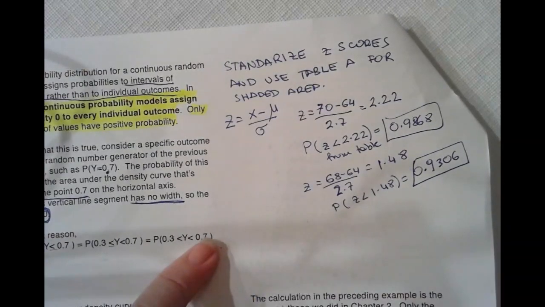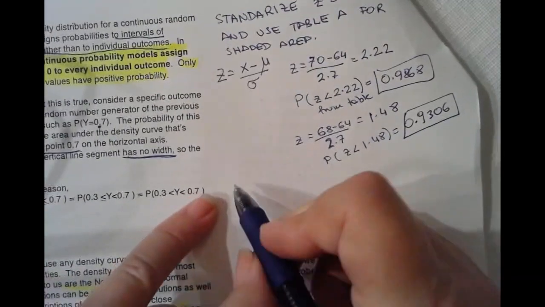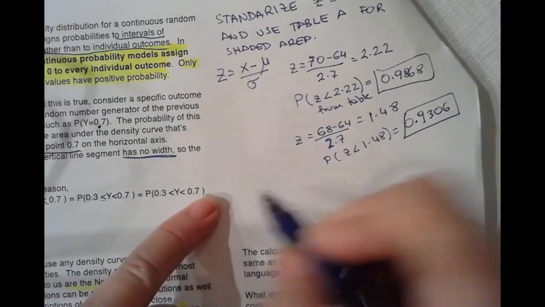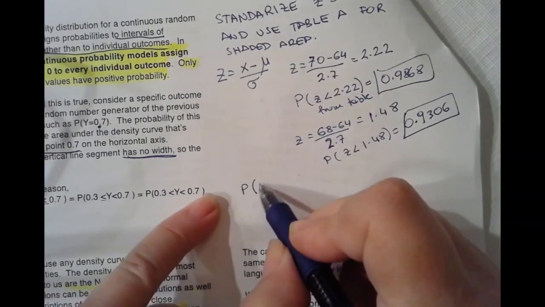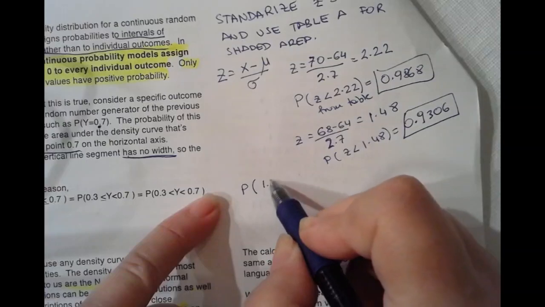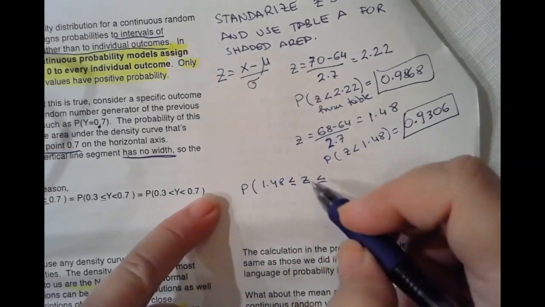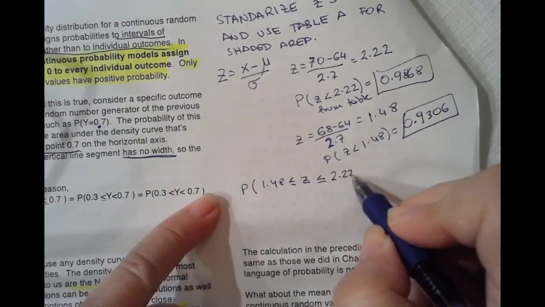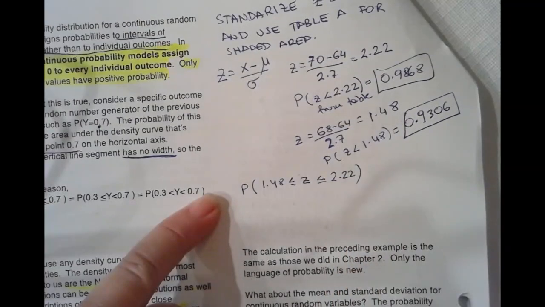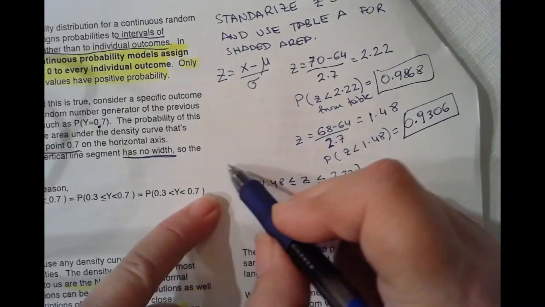We would make a notation here. So I'm looking for the p-value of 1.48 less than or equal to z, which is less than or equal to 2.22.